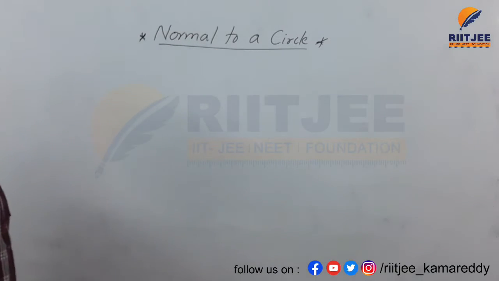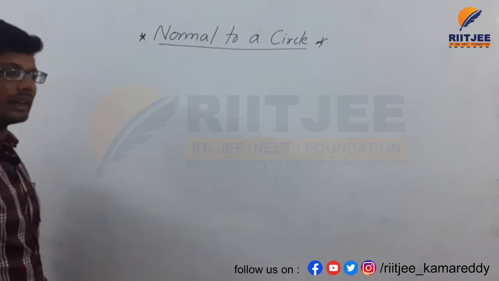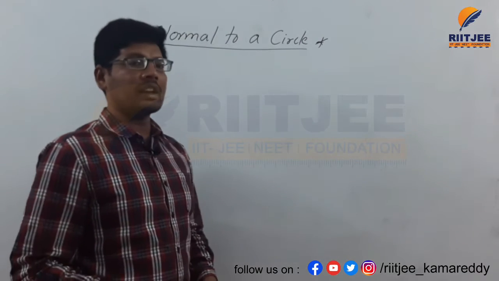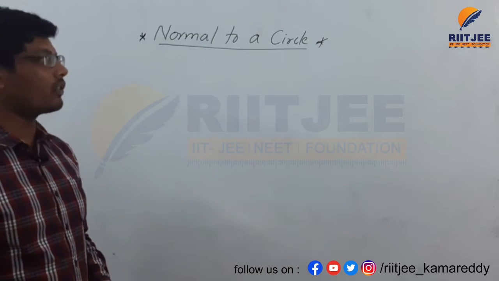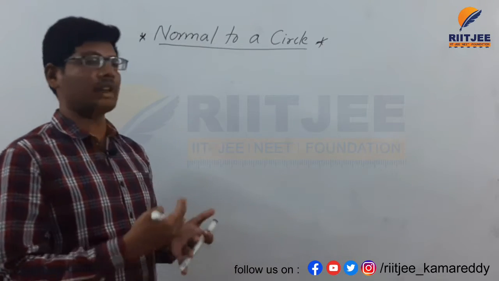What is normal here? A perpendicular line to a tangent at the point of contact is called normal to a circle.